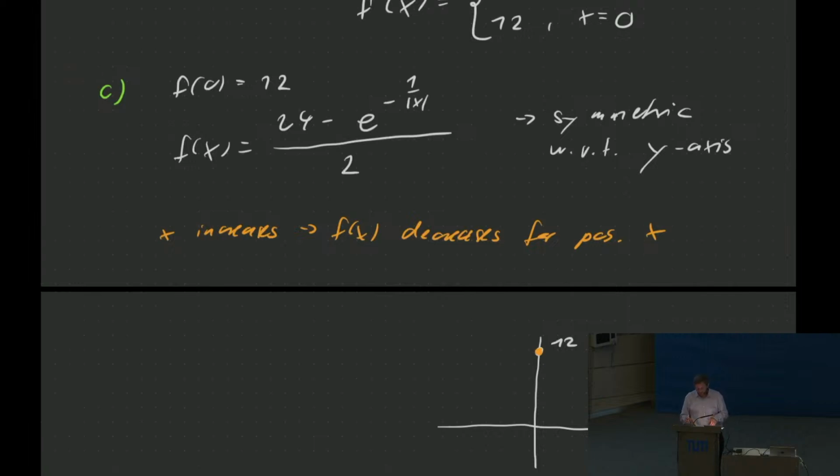Of course, for negative x, it's just the reverse by symmetry, right? If that increases, basically it works towards the y-axis, and that means the function value will increase towards 12. So we have a behavior that pretty much looks like, well, here we have 12, and from that point on it decreases. The only question is, will it ever stop? And if so, where?